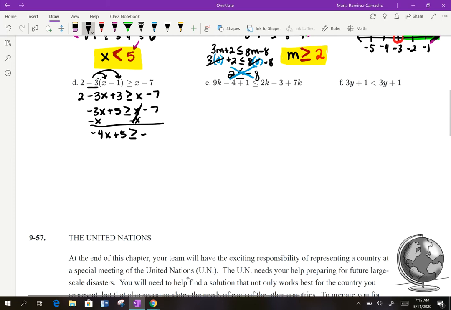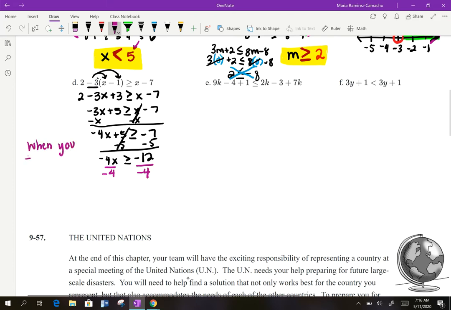Okay, we are close to being done. Okay, this part is really important. When you divide or multiply by a negative, please write this down.